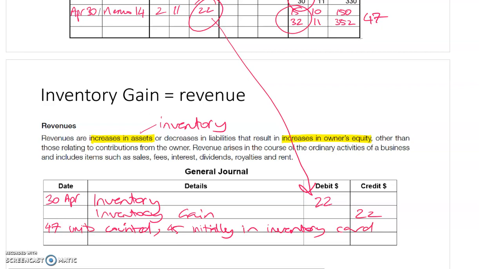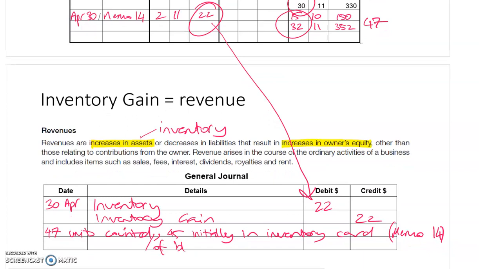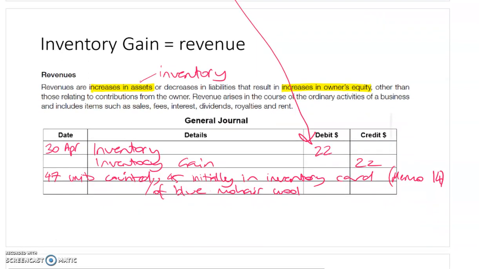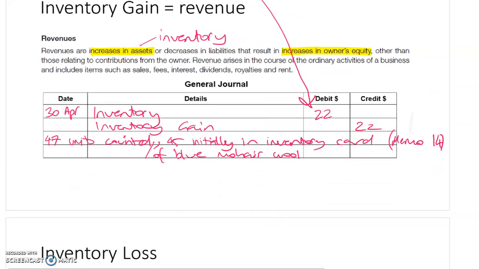And like every narration, you need the source document, memo 14. And actually we should include the product, and it is blue mohair wool. Okay, so that there is your inventory gain.